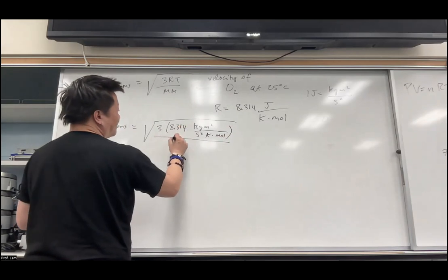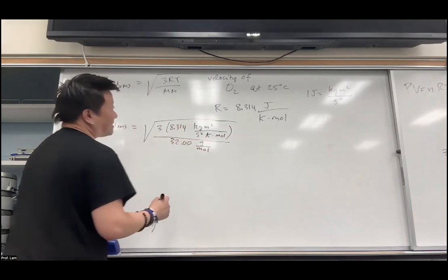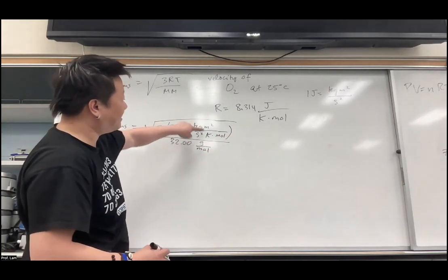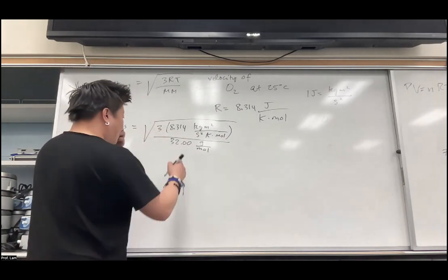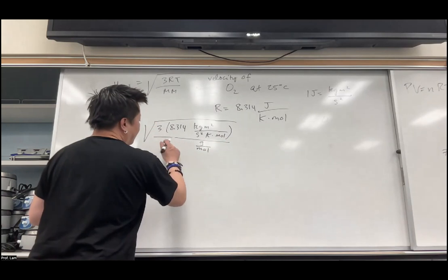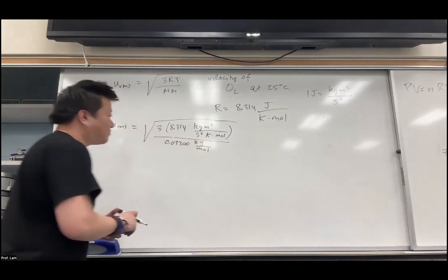Molar mass of O2 is 32.00 grams per mole. But we want this in kilograms. See, if I have grams, then it's not going to cancel. So I have to do this in kilograms, which would be 0.03200 kilograms per mole.